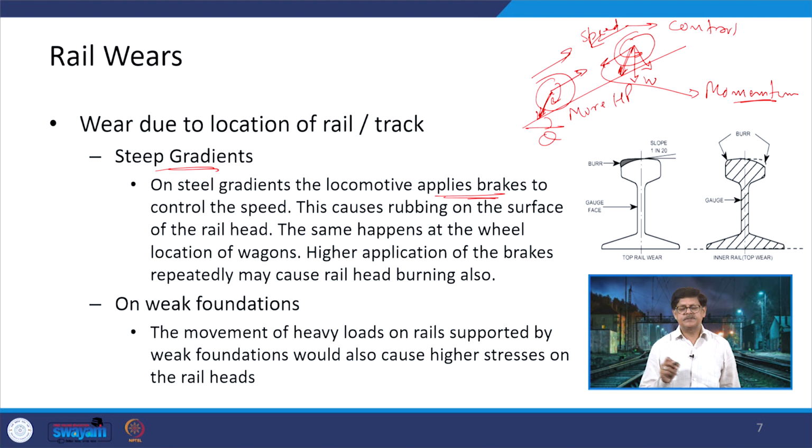Now, when this is happening, either you are going up or you are going down, there is a constant rubbing on the surface of the rail head.